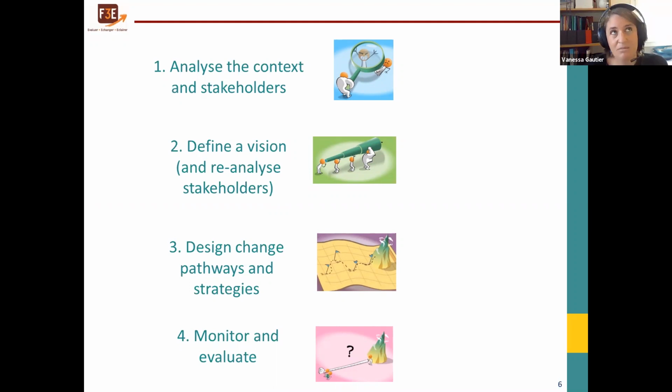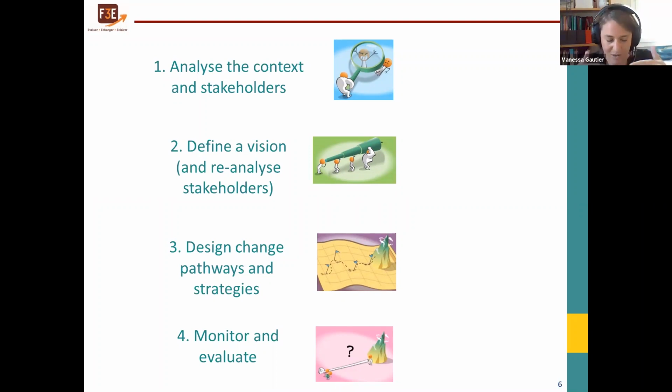What's a bit new about this approach is that ideally you should put all those stakeholders together in a room to go through the second step, which is to define a vision, a positive vision again, and think about the change you want to contribute to in 10, 15, 20, maybe 30 years.